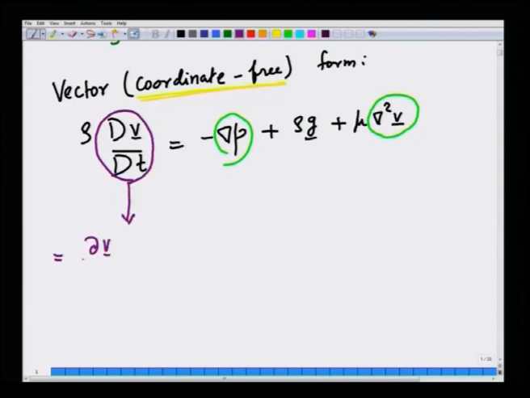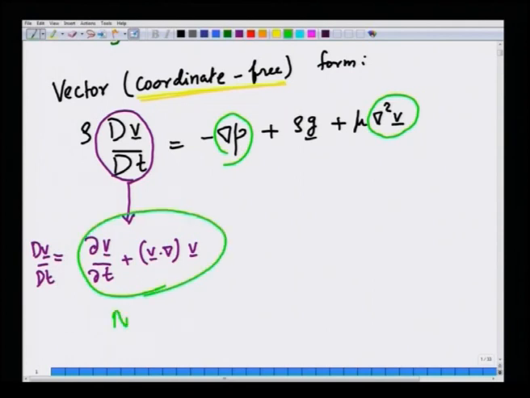This is equal to the normal partial derivative, plus v dot del v. Okay. So, this renders this equation to be a nonlinear equation. Every other term in the Navier-Stokes equation is linear. This is linear. This is of course a constant, because it is given. This is linear. That is, by linear we mean that the unknown occurs only once in a given term.